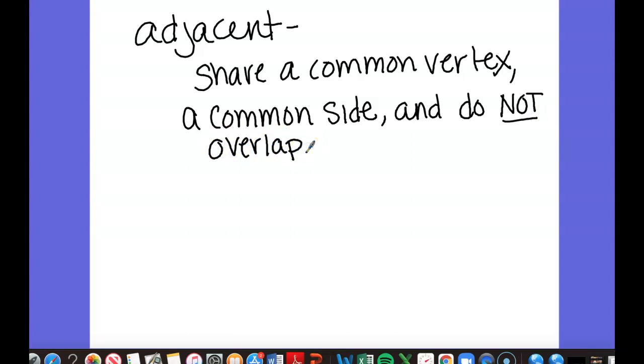And I call adjacent angles buddy angles. Because you always want to sit directly next to your buddy, and that's what adjacent angles are, they're angles that are right next to each other.